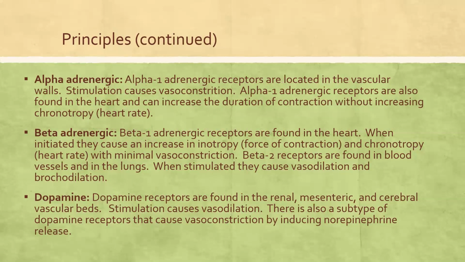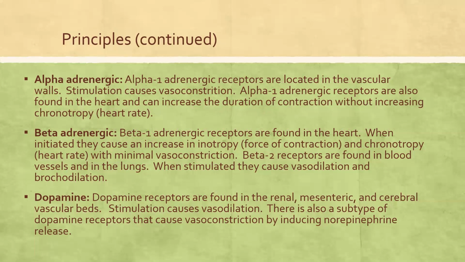The alpha-1 receptors are located in the walls of our vasculature, and when we use them, that causes vasoconstriction. Imagine a low blood pressure related to vessels losing tone. If we give an alpha-1 adrenergic medication, it stimulates vasoconstriction of those blood vessels.